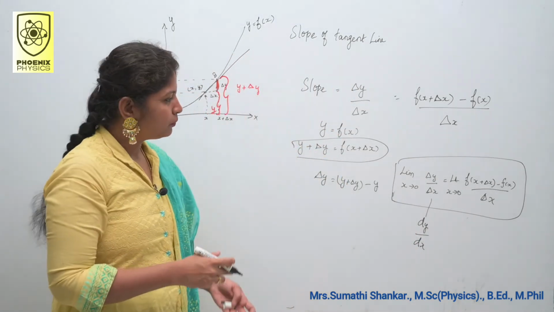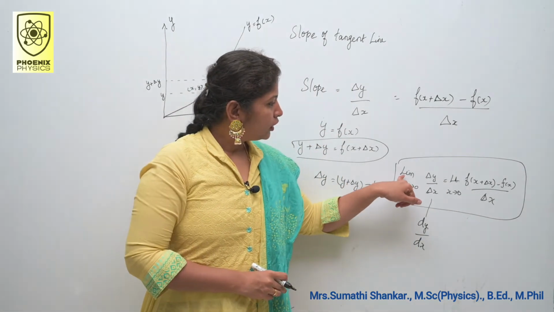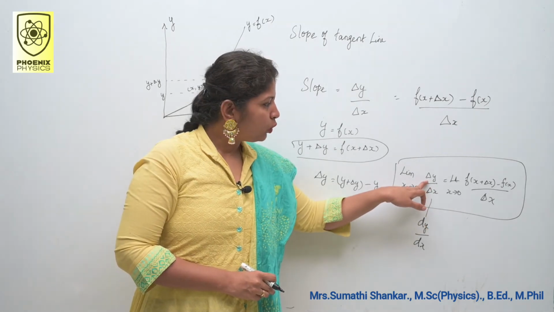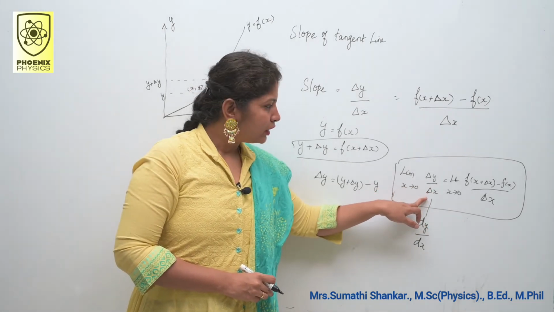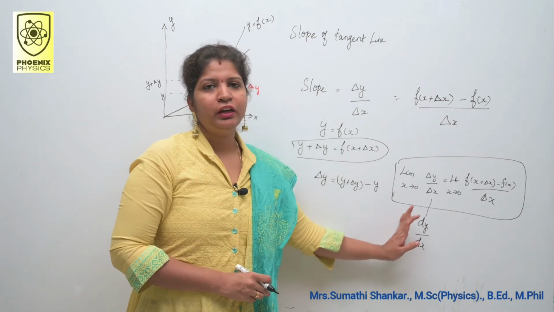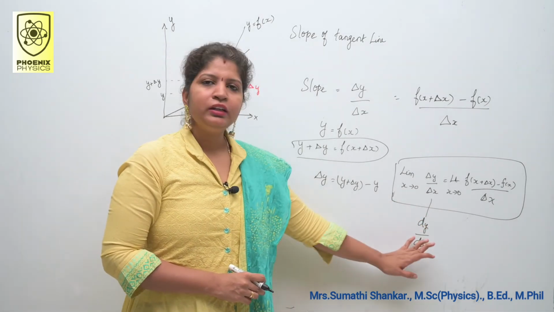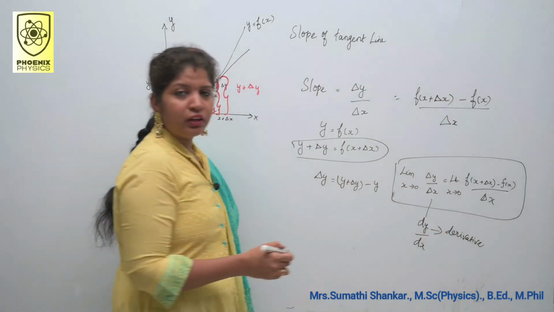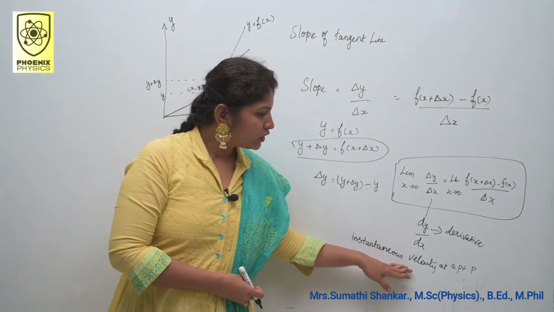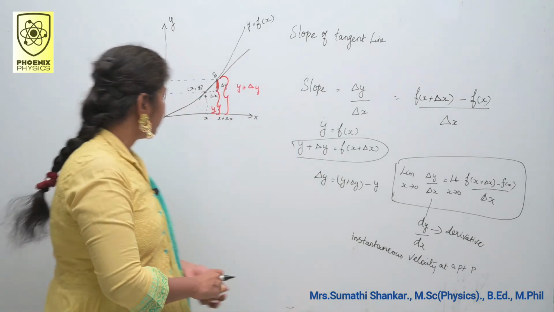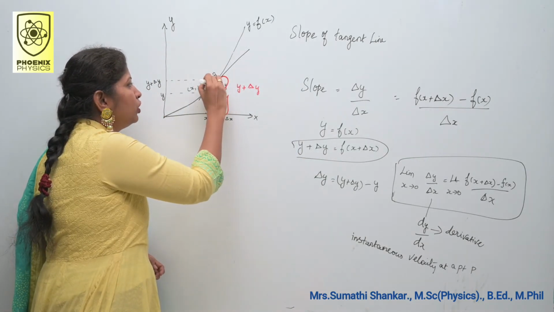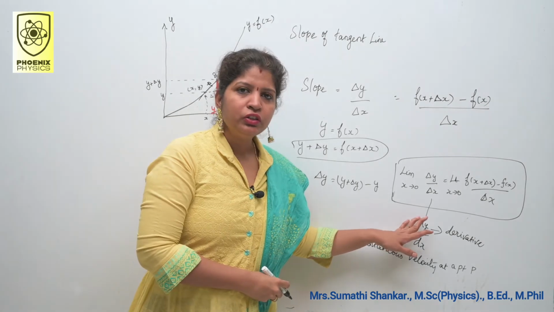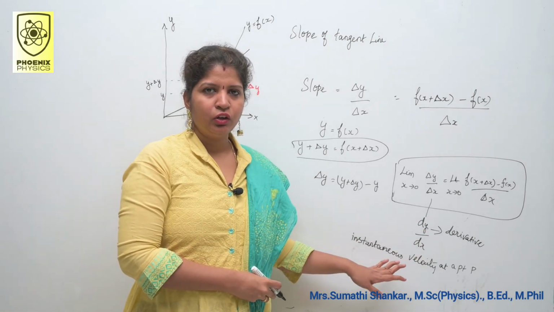Or we can say, when limit delta x tends to 0, delta y by delta x is represented as dy by dx. dy by dx is nothing but the derivative, or we can say the instantaneous velocity at a point P. This is our point P. So at point P, the derivative is dy by dx.